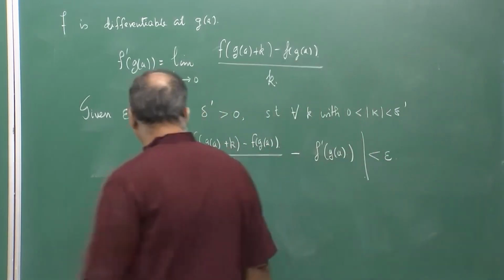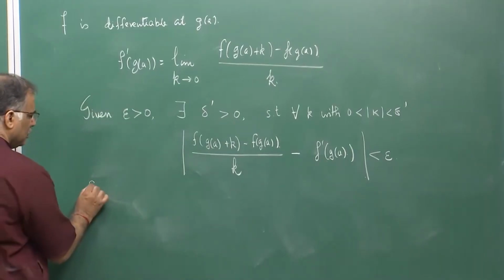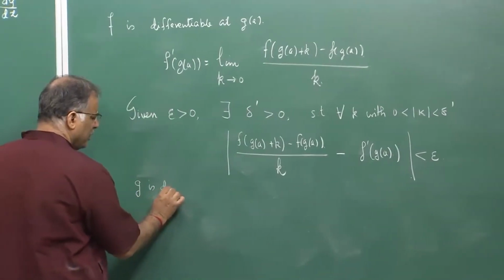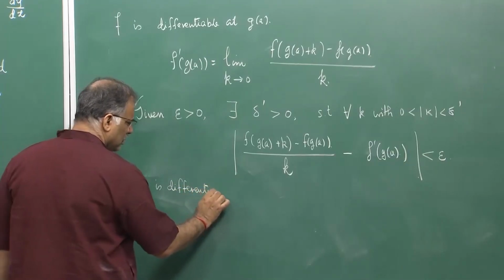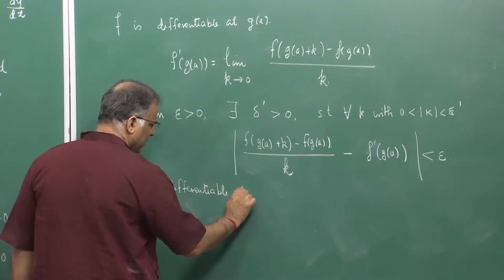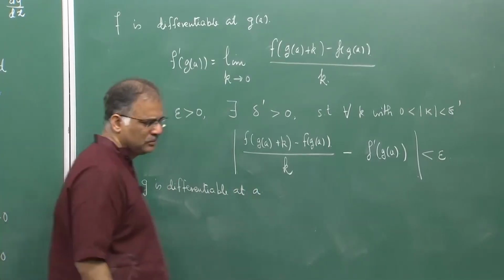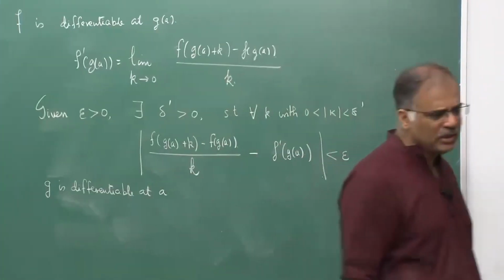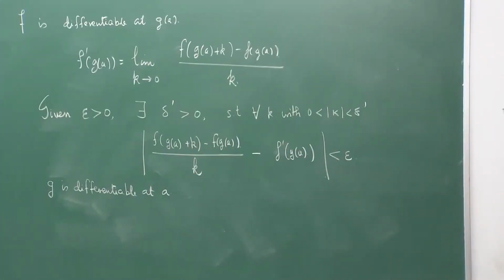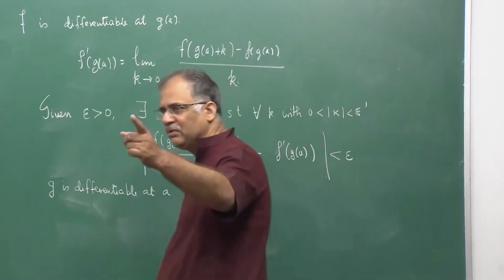Okay. Now, G is differentiable at A, which implies that G must be continuous at A, because every differentiable function is continuous.